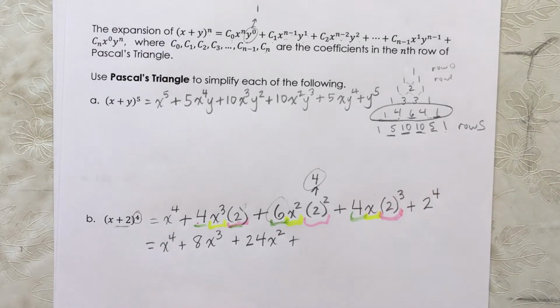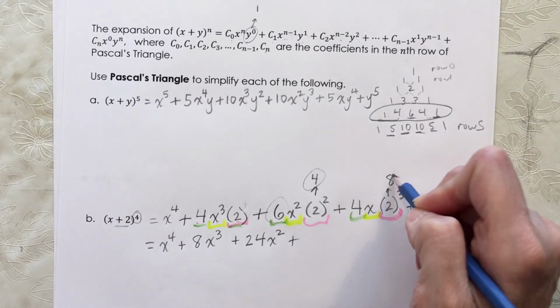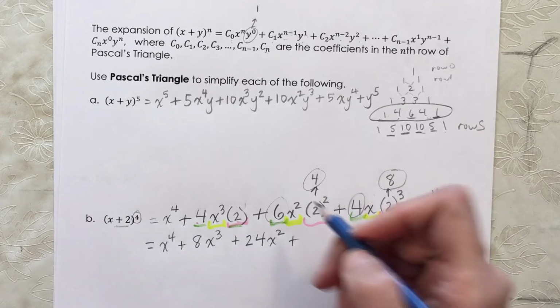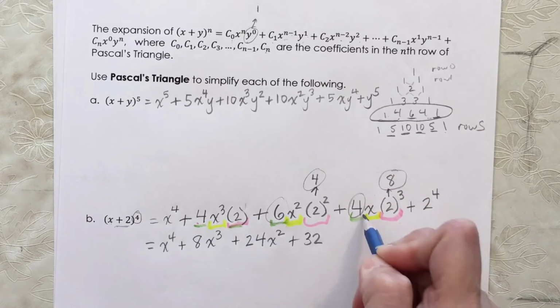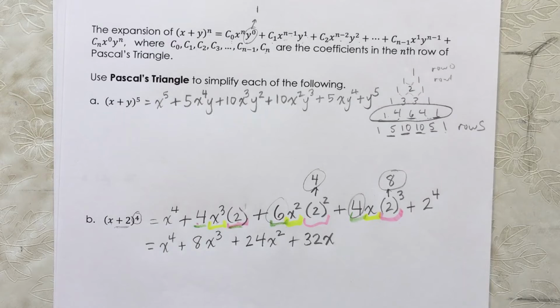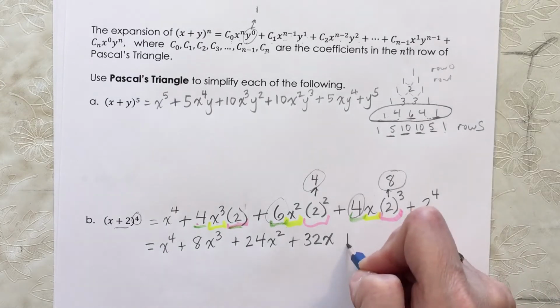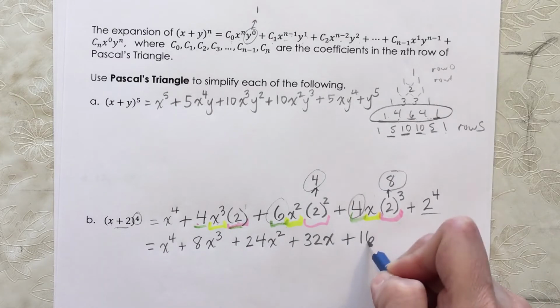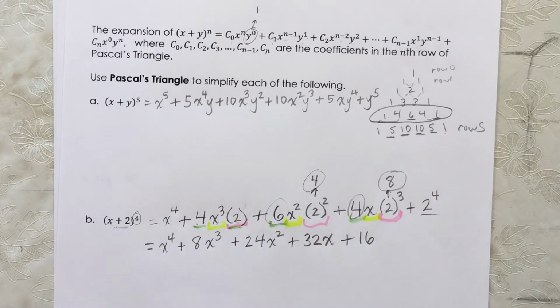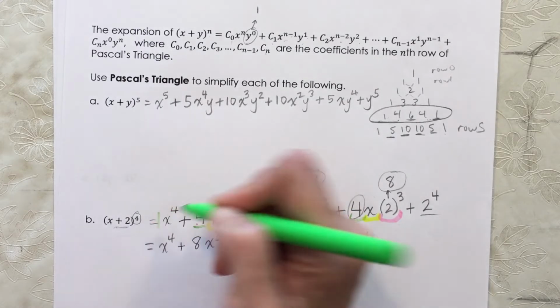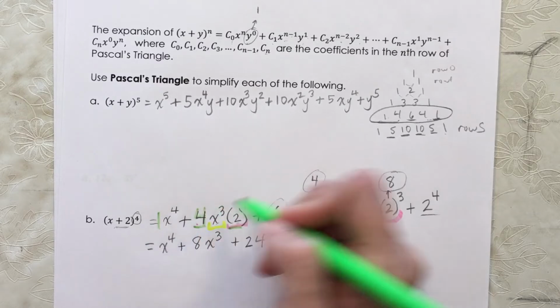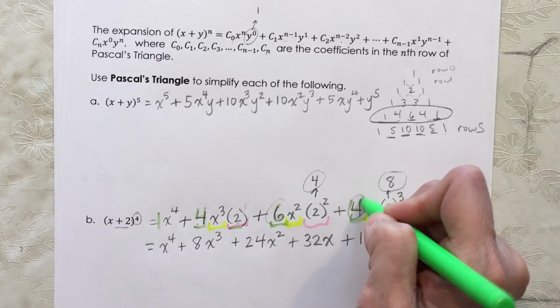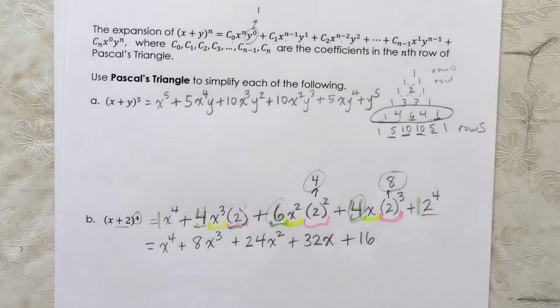And 2 to the power of 3, I know is the number 8. So I can multiply 8 by 4 and get 32x to the 1. And then plus 2 to the 4th, which is 16. So notice, here are my numbers from Pascal's triangle for the 4th row: 1, 4, 6, 4, 1, out in the front.